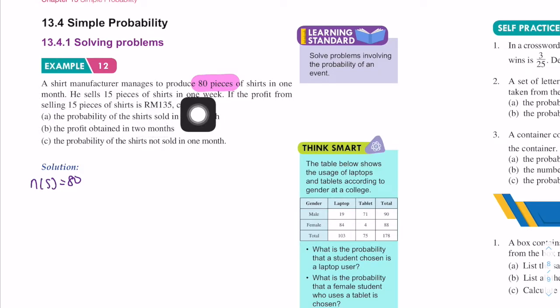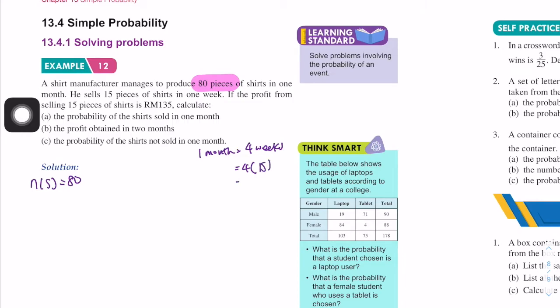In 1 month we have 4 weeks, right? So 1 month equals 4 weeks. So 4 times 15 pieces, overall for 1 month he sells 60 pieces. So we know that event A is 60.